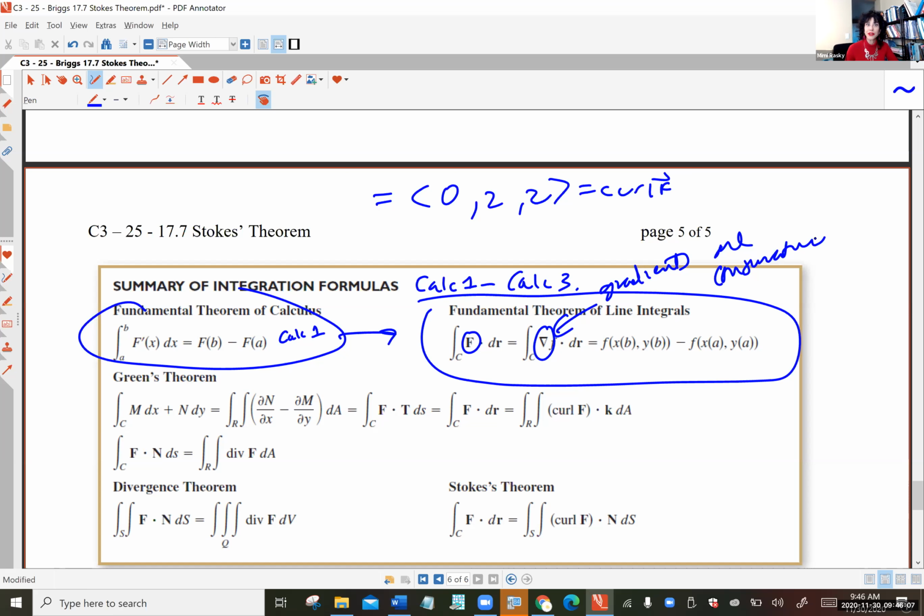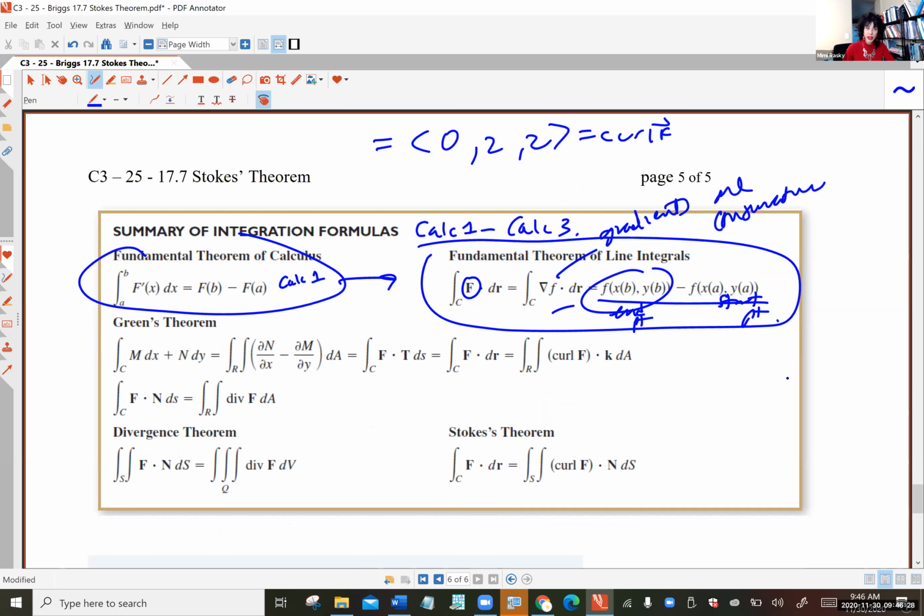And I won't argue with you because you'll be right. Then what? Just use the potential function if they gave it to you, unless you have to derive it by integrating, and then evaluate your potential function at the ending point and then minus evaluate it at the start point. That's the fundamental theorem of line integrals. That will be on Wednesday's exam.